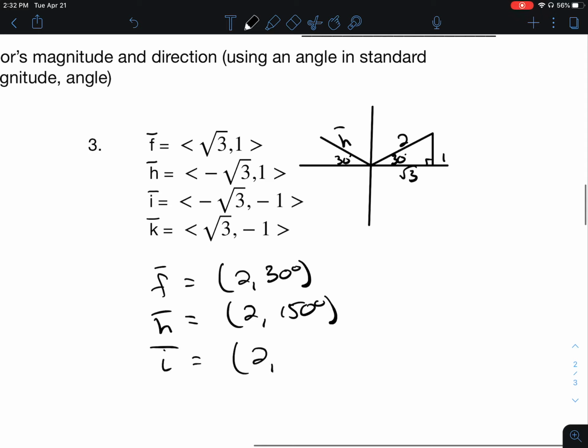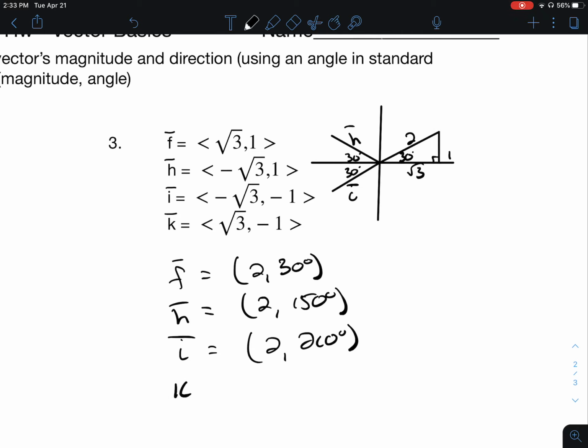Vector I has a magnitude of 2. Its reference angle is 30 degrees. Angle in standard position is going to be 180 plus 30, which is 210 degrees. And then finally, vector K, its magnitude is also 2.